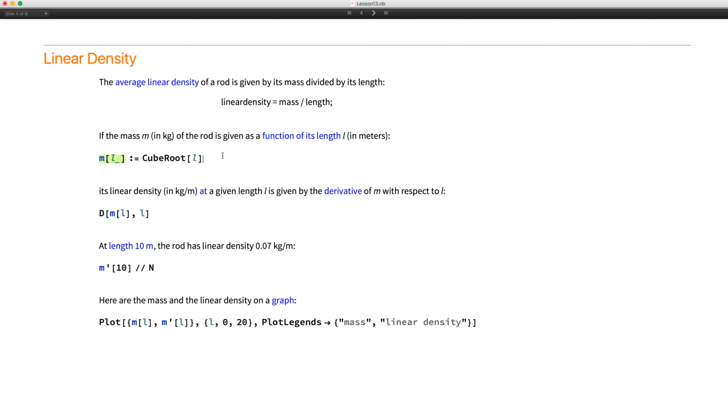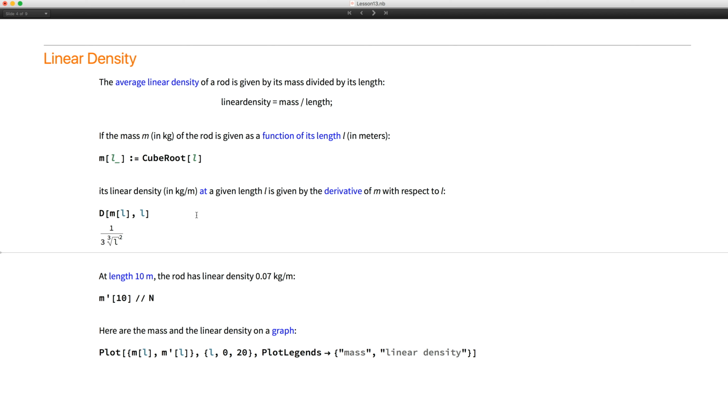So let's say the mass might be the cube root of the length, and in that case, you can talk about the linear density at a given length L. And that is given by the derivative of the mass with respect to L. So in this case, it's 1/3 times L to the power 2/3. And then, of course, you can work out the linear density at any given length.